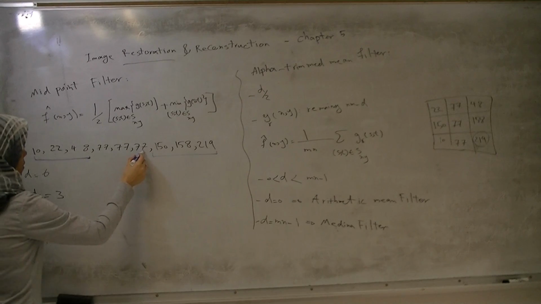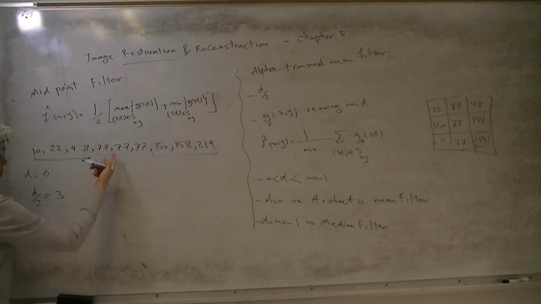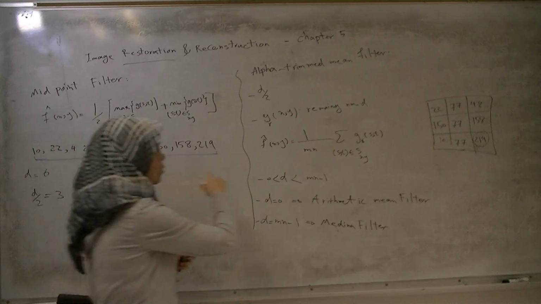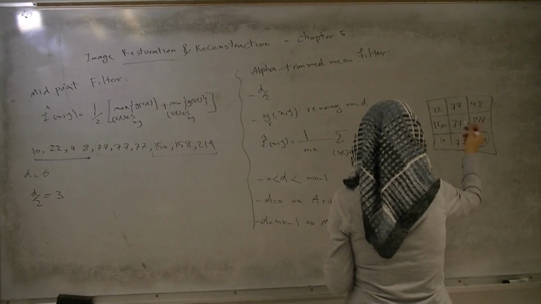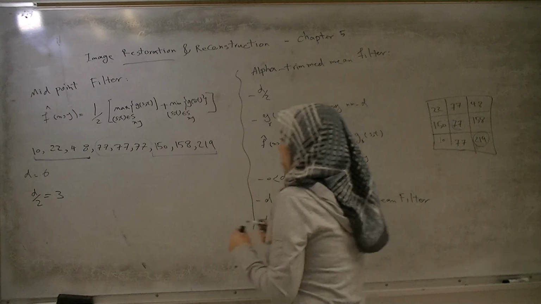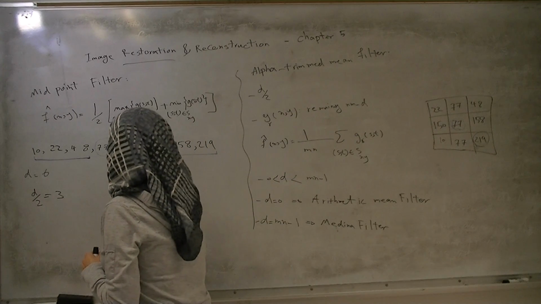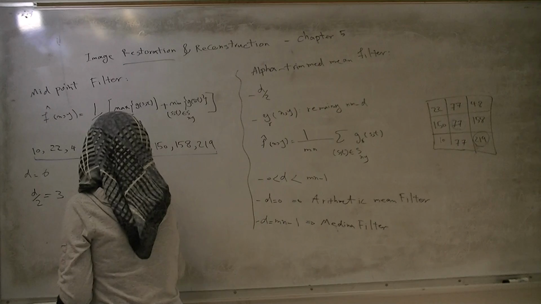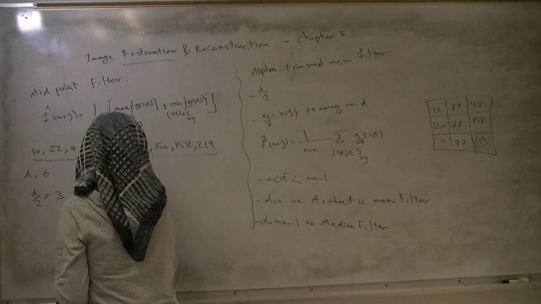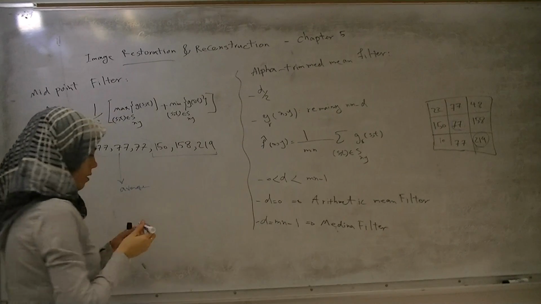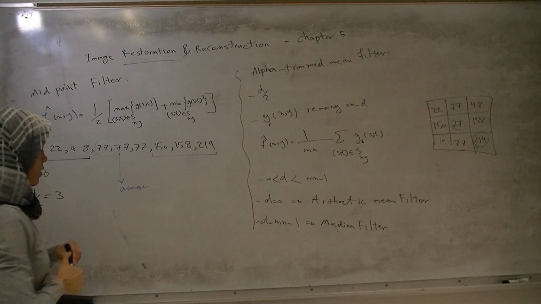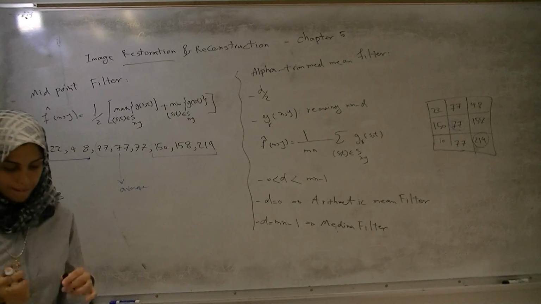So for the average of the remaining ones, we again get 77, and we should put the 77 here, in the center of the sub-image, after finding the average of the remaining pixel values.